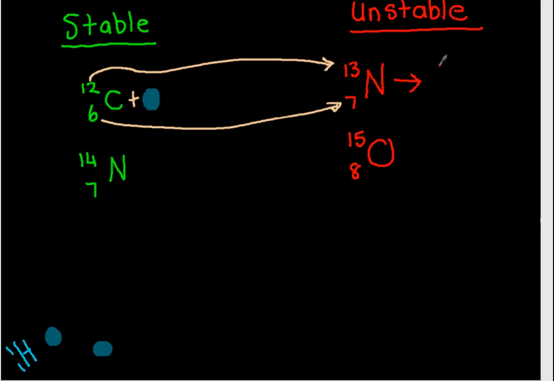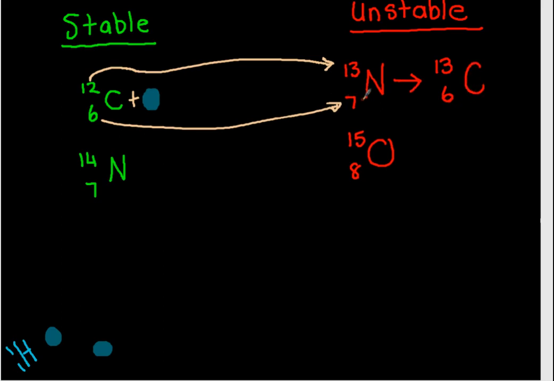So the mass number actually stays exactly the same. It still stays 13, and then this becomes 6 here, and we have carbon because it became 6.